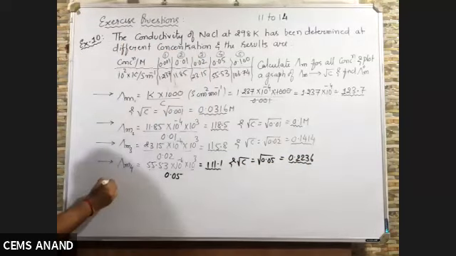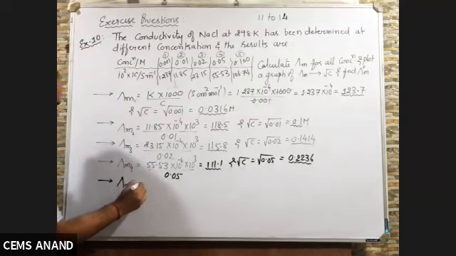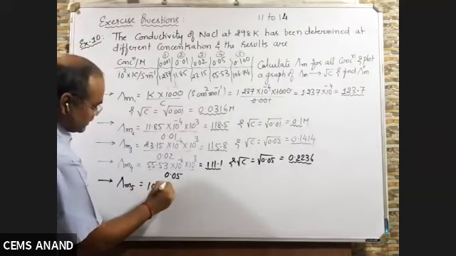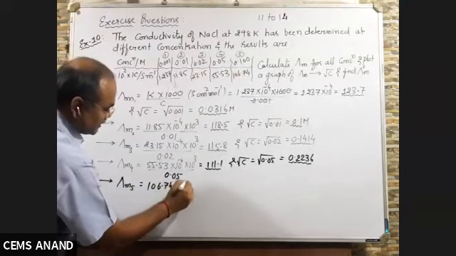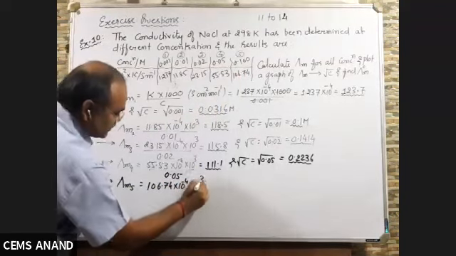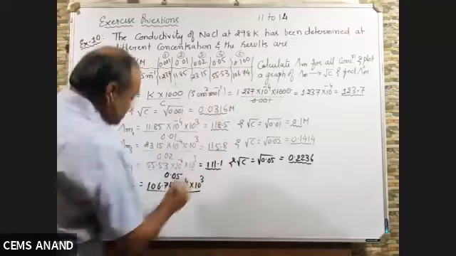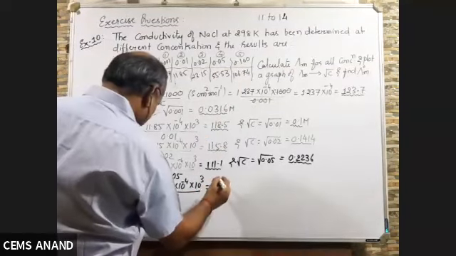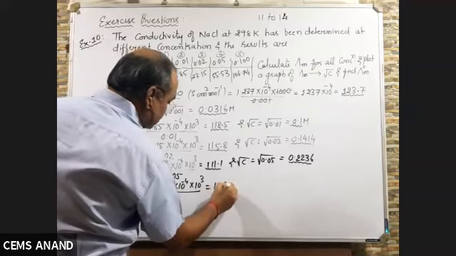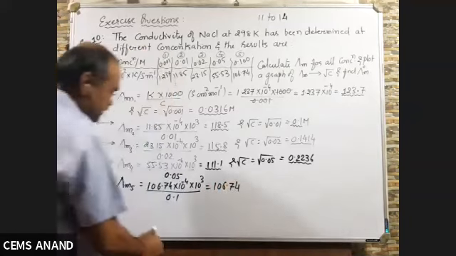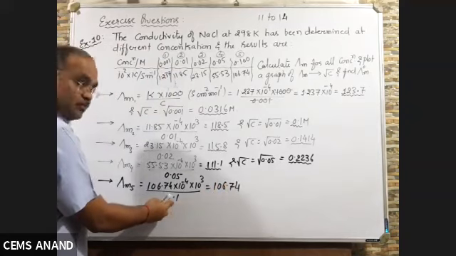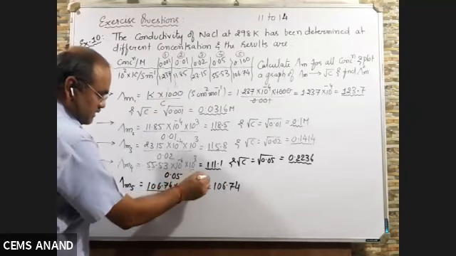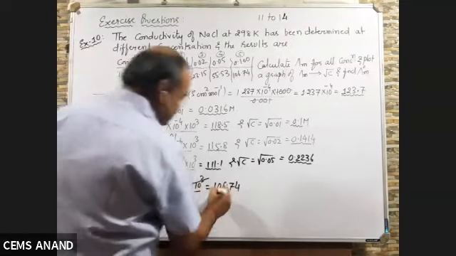And then you can find out lambda m5. Lambda m5 will be, put your values, 106.74 into 10 raised to minus 4 into 1000 divided by concentration 0.1. This will be equal to 106.74. See, 0.1 means 10 raised to minus 1 will go up, so minus 3 plus 3 cancel, right? So it will be the same answer.